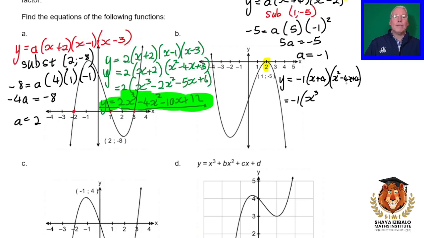We've got minus 16x plus 4x, that's minus 12x, and then we've got plus 16. And then the last thing we're going to do is distribute that negative in. So we're going to get negative x cubed plus 12x minus 16.